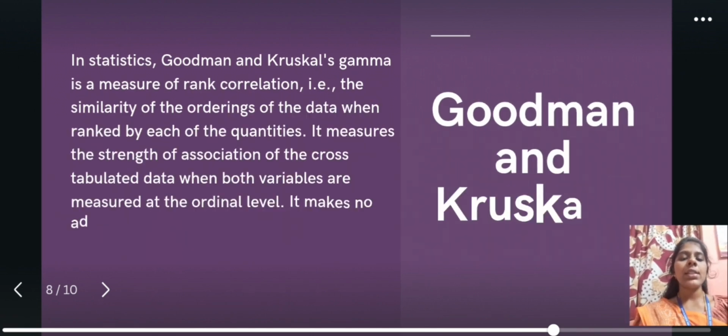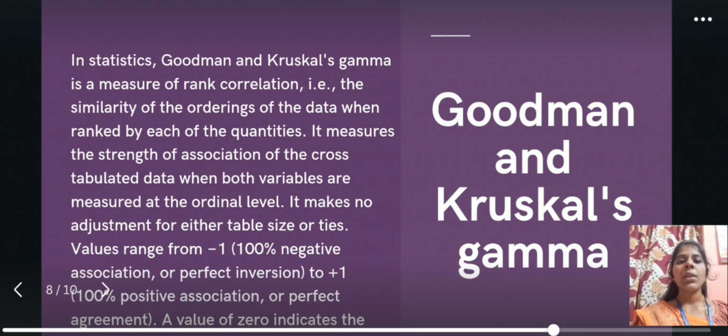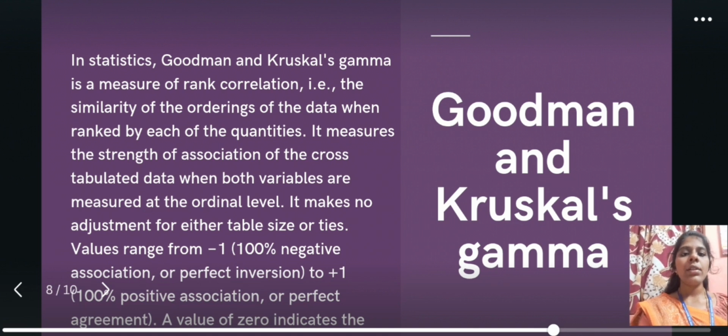In statistics, Goodman and Kruskal's gamma is a measure of rank correlation, for example the similarity of the orderings of the data when ranked by each of the quantities. It measures the strength of association of the cross-tabulated data when both variables are measured at the ordinal level.